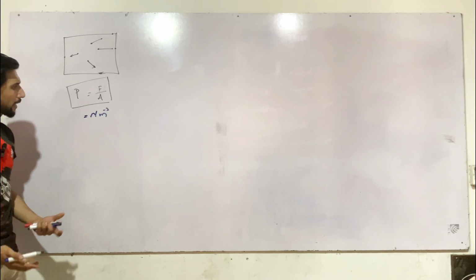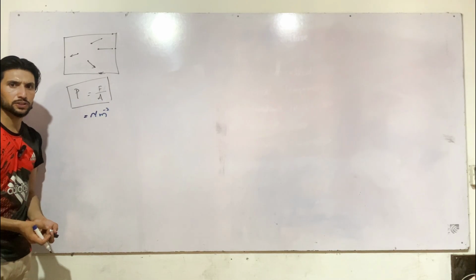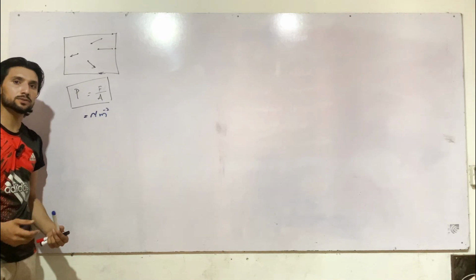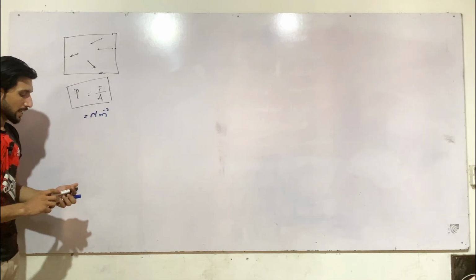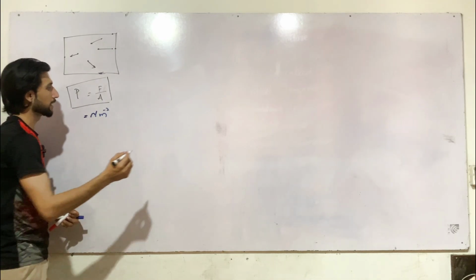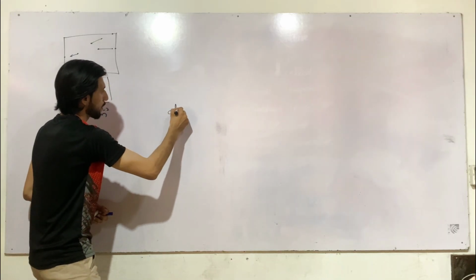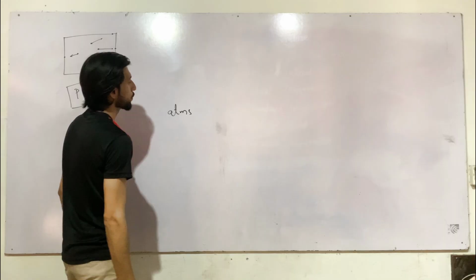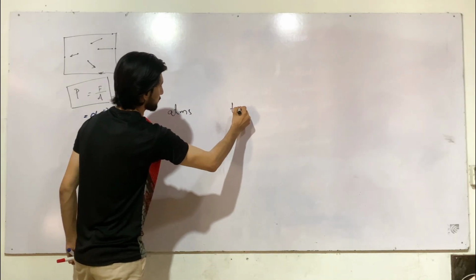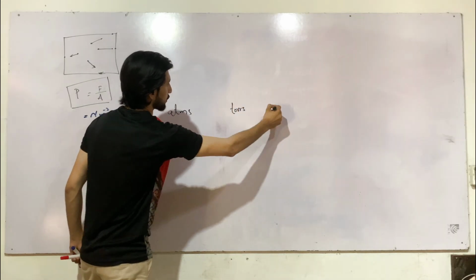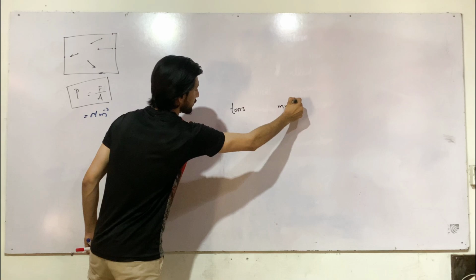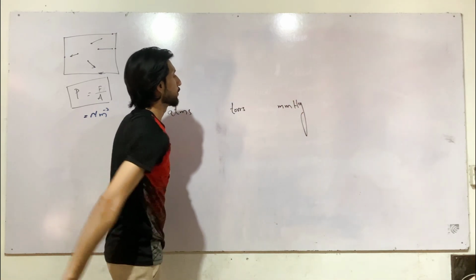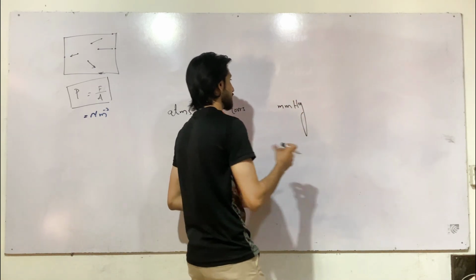Are there any other units for pressure? Can we measure pressure in other units? Yes, we do. We measure it in atmospheres, in torrs, in millimeters of Hg, and in bars.